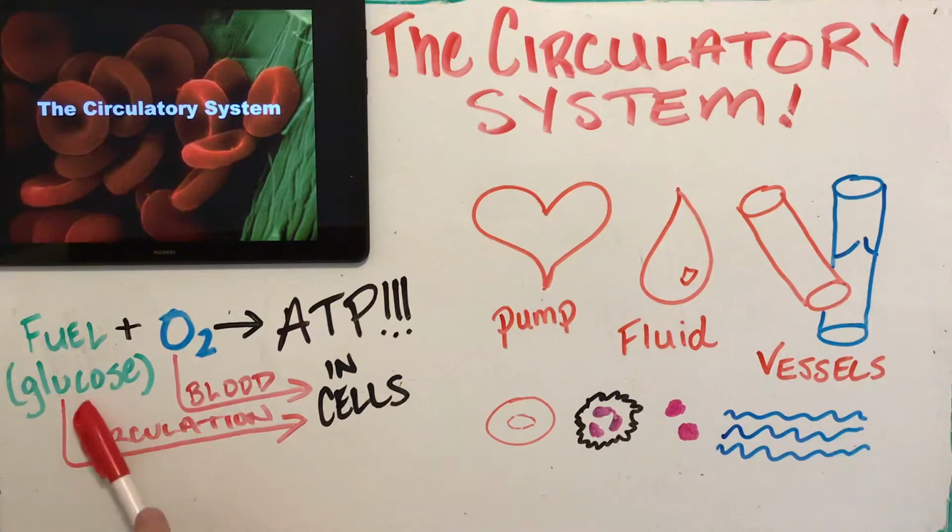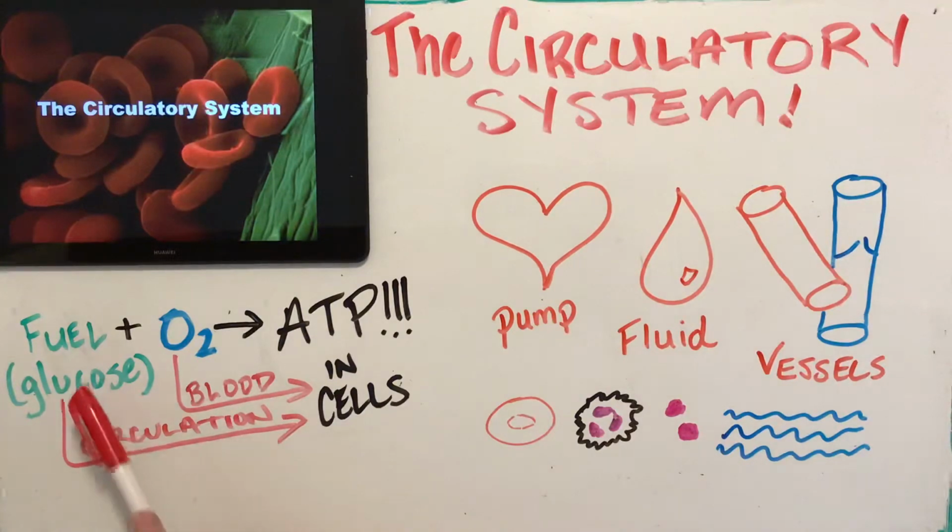So if you think about it, the job of the digestive system was to take nutrients and absorb them through the wall of the small intestine into the blood. The respiratory system takes in the oxygen from the atmosphere and dumps it into the blood. Neither of these systems delivers it to the cells. That delivery is done through the circulation of blood, and that's why the circulatory system is key.